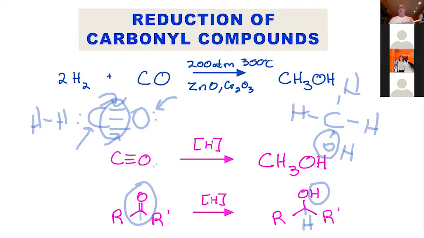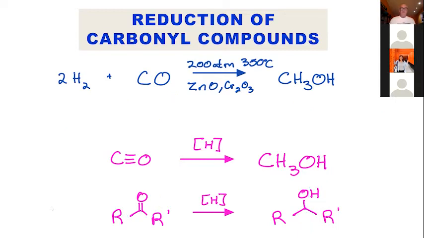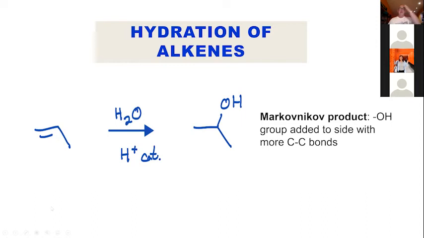So either a triple bond can be reduced or a double bond can be reduced. We can't reduce single bonds. Reducing single bonds would mean you would break them. But double bonds and triple bonds we can. And one of the reactions you know about already, and that's the hydration of an alkene. That's the Markovnikov reaction.